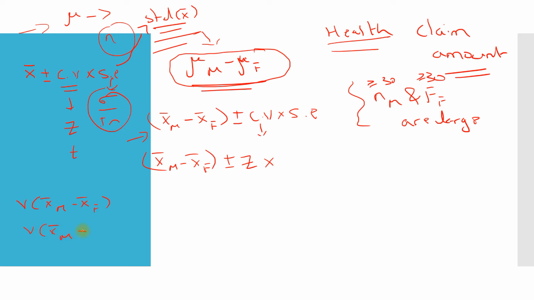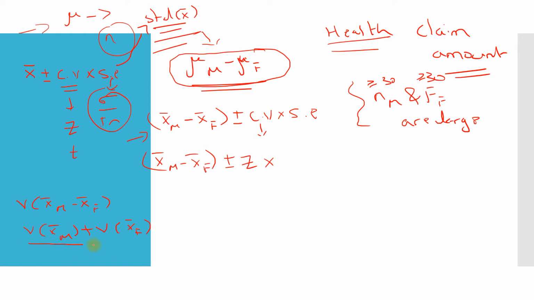It is equal to the variance of x bar m plus the variance of x bar f. So this is what we know. And then you have to be careful. The formula I've just written does not make sense if your two samples are not independent.